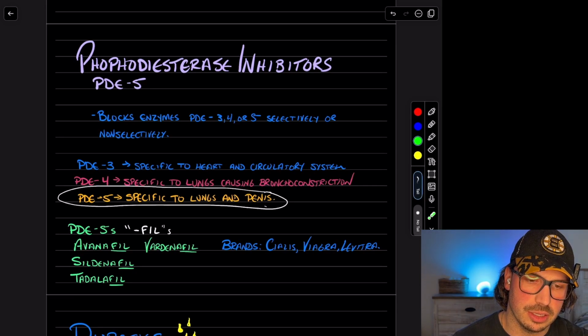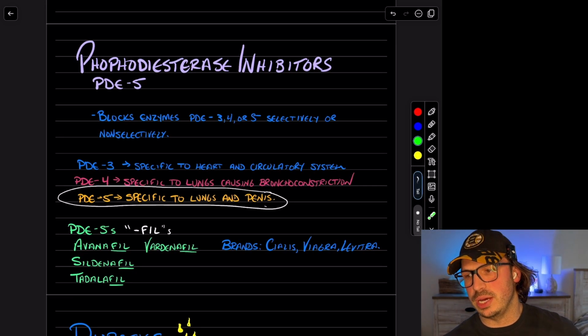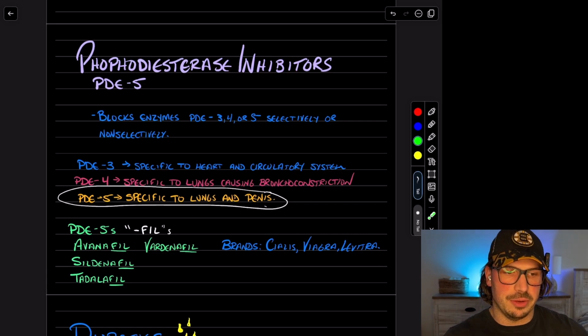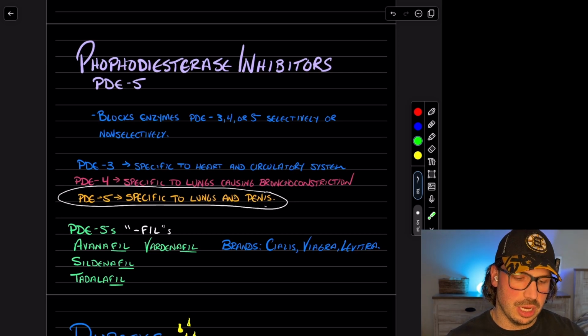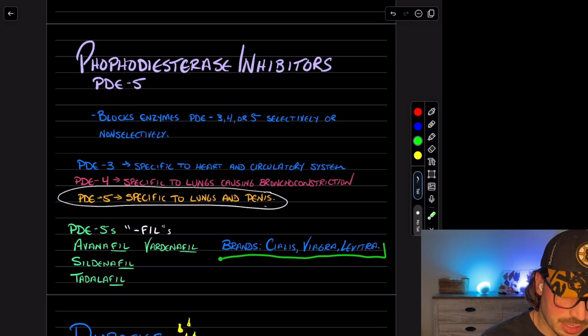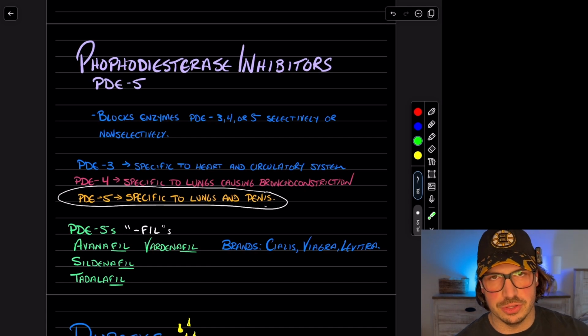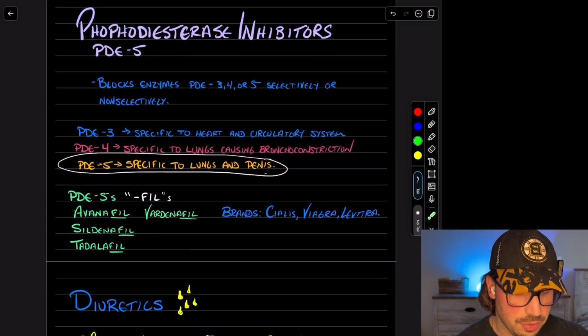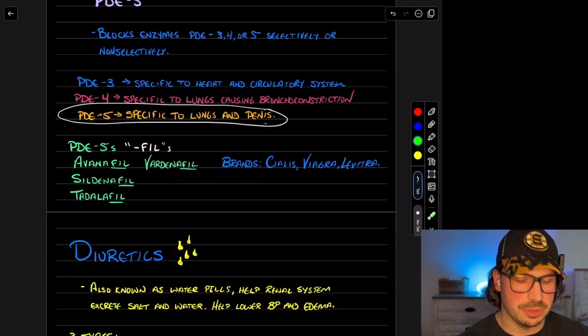I think they've been prescribed for COPD as well. Basically, any kind of very specific hypertensive issues, usually revolving around the cardiopulmonary circuit. Some of the brand names that you might see too are Cialis, Viagra, Levitra. Those are the most common ones that you'll see prescribed.